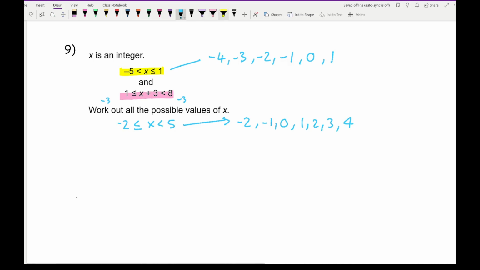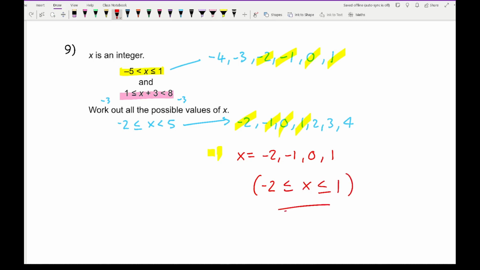Now I need to highlight the numbers that appear in both the two lists. So I've got minus 2, minus 1, 0, and 1. So x equals minus 2, minus 1, 0, or 1. But if you did want to write it as an inequality, although it's not really asking for it, then I'm going to write my answer like that.